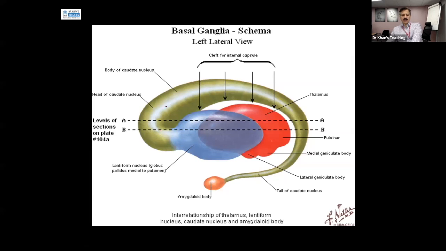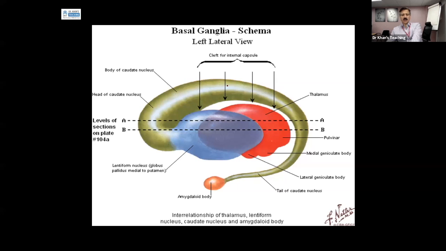Please remember that this is the shape of the caudate nucleus. So head of caudate nucleus is touching the frontal horn, but then it goes posteriorly and superiorly. So it will be touching the body. And at times you will see on MR infarctions which are next to the body.